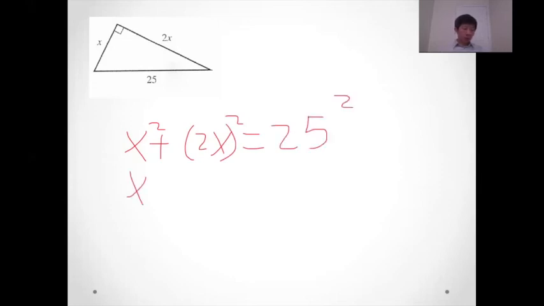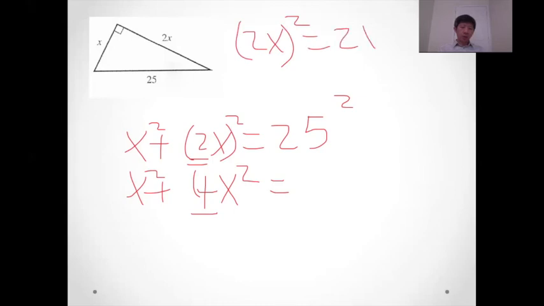So x squared plus 4x squared, right? Remember that it's 4, not 2. Many people make a mistake here because this is 2x, actually it's 2x times 2x. That's why we get 4x squared. People make a mistake right here. Be careful.